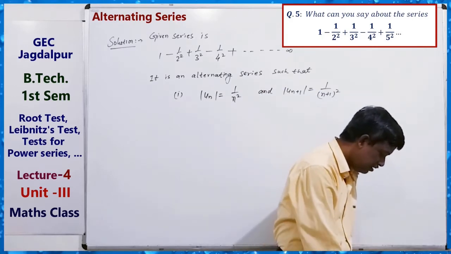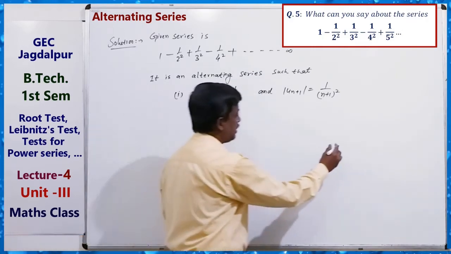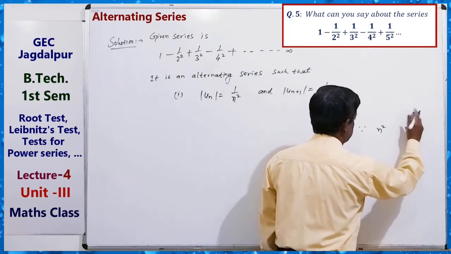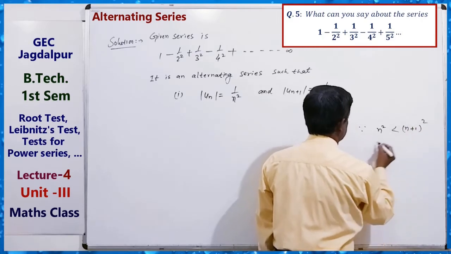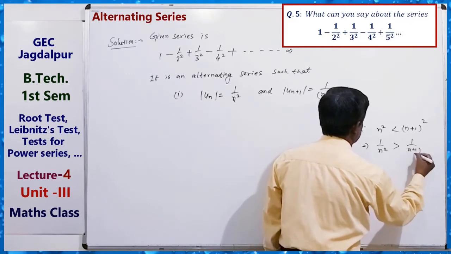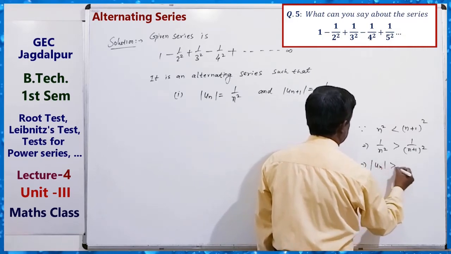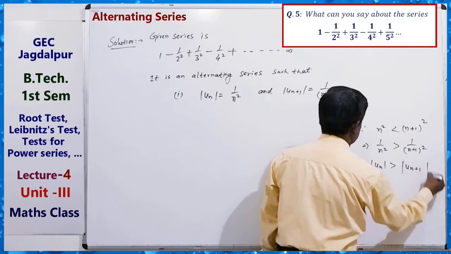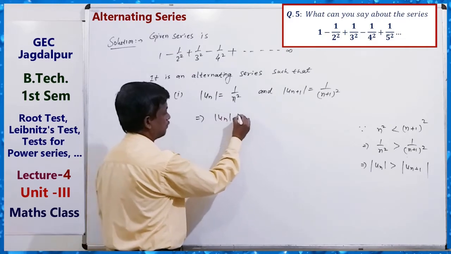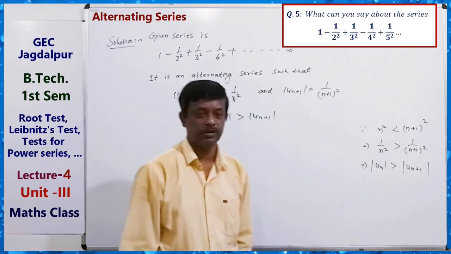Here we can see that n square is less than n plus 1 square, so mod un plus 1 is less than mod un.